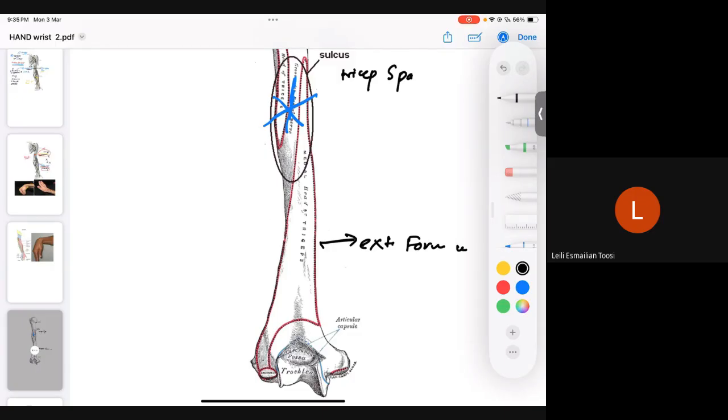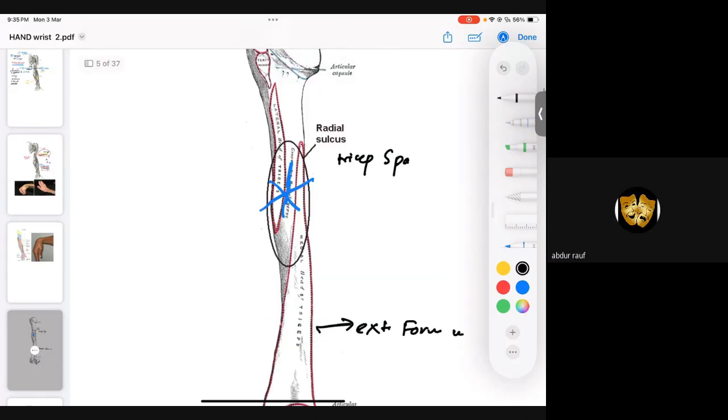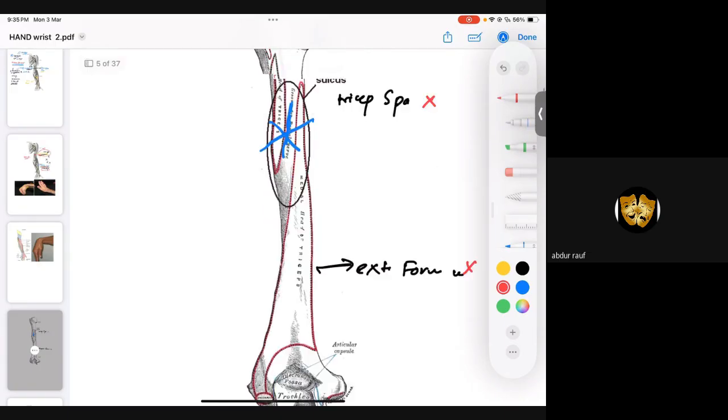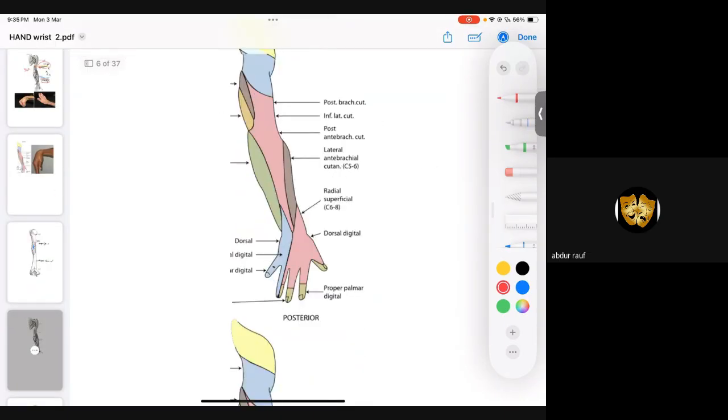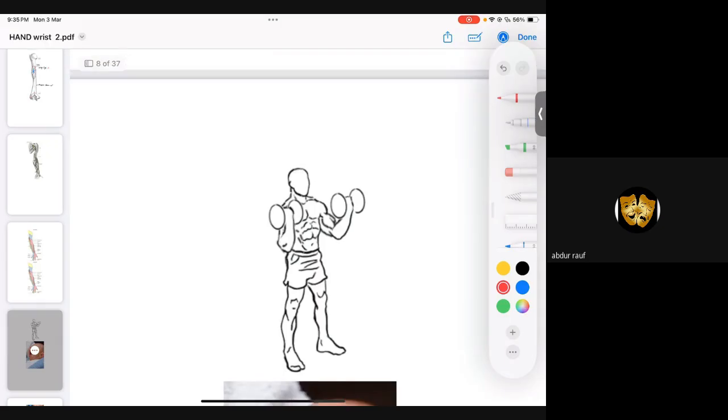Is that clear? And at the axilla level, what happens? When it is damaged at the axilla, the triceps function is also affected. Yes, both of them are gone. Perfect. At the mid-shaft, the triceps function is preserved.